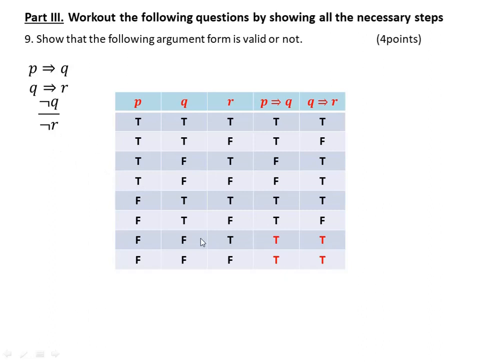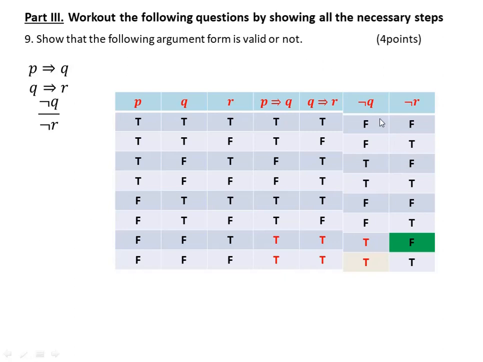Now here, only in the seventh and eighth rows, we can determine negation Q based on Q. Because Q has true, true, false, false, true, true, false, false, then negation Q is false, false, true, true, false, false, true, true.